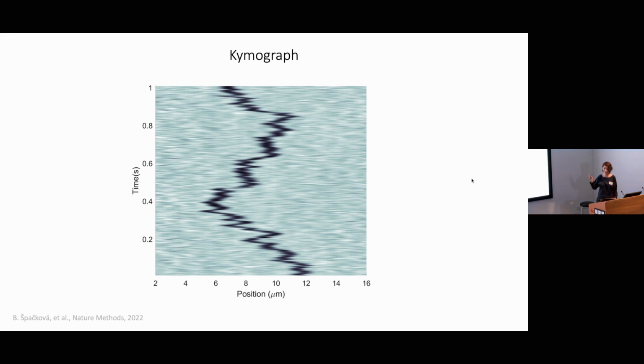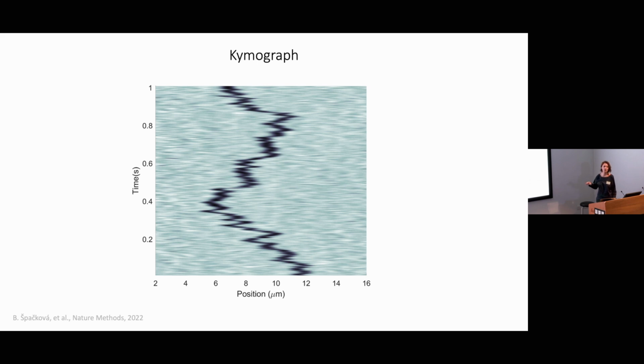Basically, it's a time-lapse image that we call kymograph, which shows the time evolution of the intensity profile along the nanochannel. And this dark, wiggly line corresponds to the trajectory of the protein inside the nanochannel.